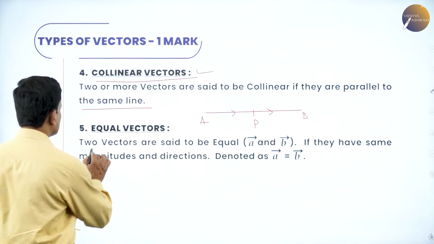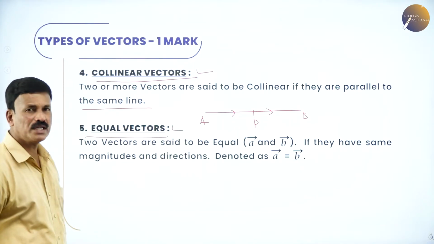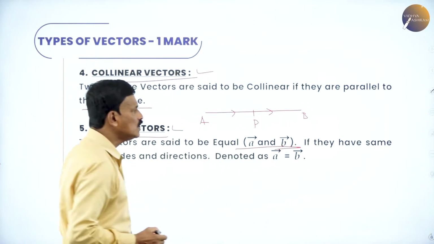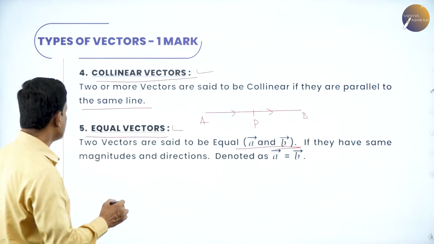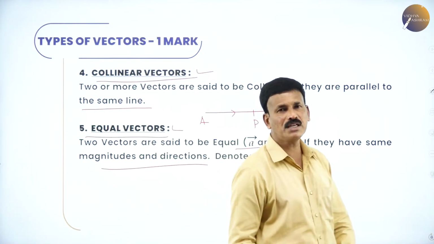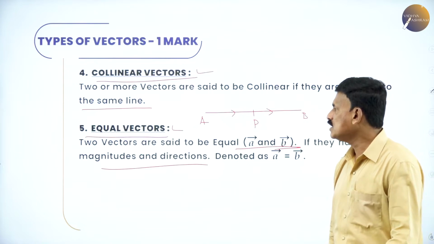Now equal vectors. Two vectors A and B are said to be equal if and only if they have the same magnitude and direction. Vectors having the same magnitude and direction are called equal vectors.